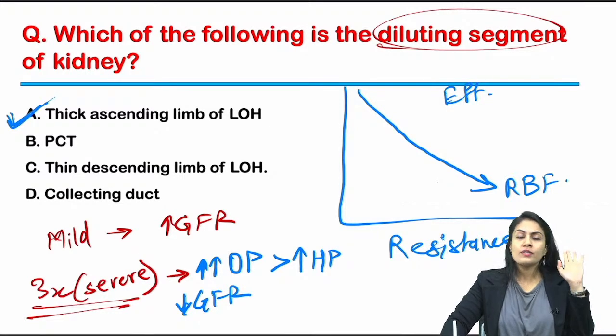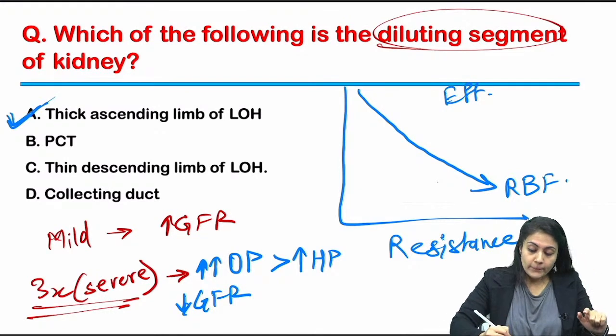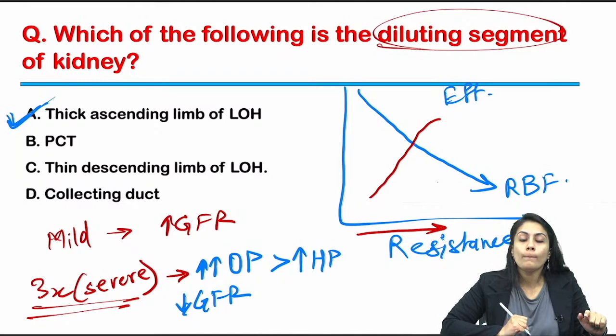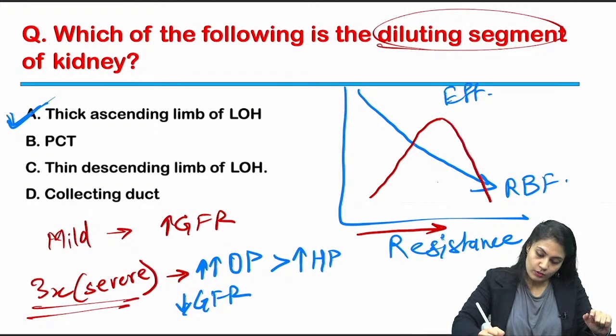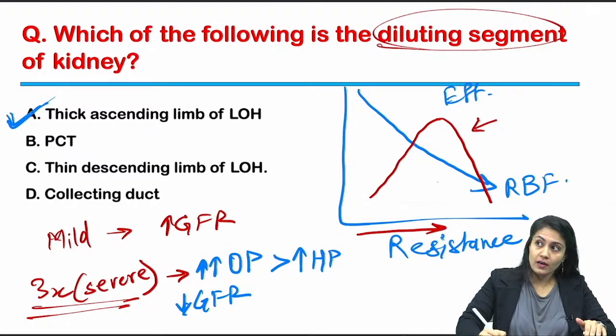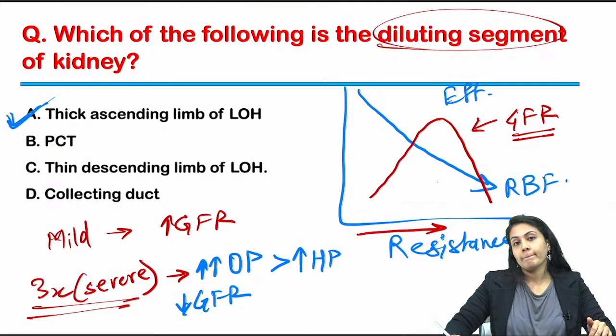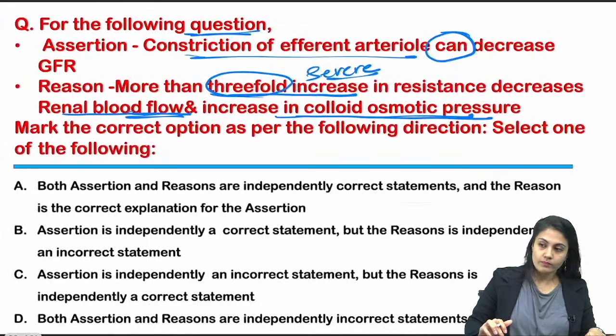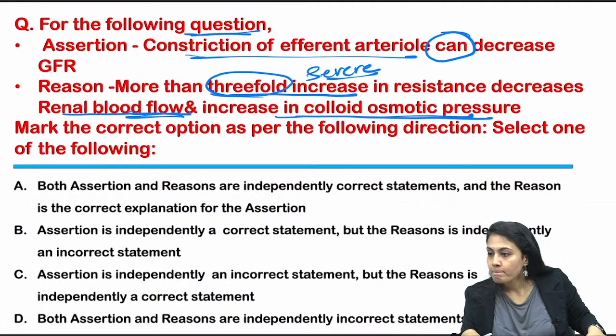The renal blood flow is going to decrease in both. But if I talk about GFR, GFR will be increased first because there is an increase in the hydrostatic pressure. But if the resistance increases 3 times more, then the GFR will also decrease. So this is how the biphasic representation of the GFR is seen, right? So both the things are actually true. Understood, guys?